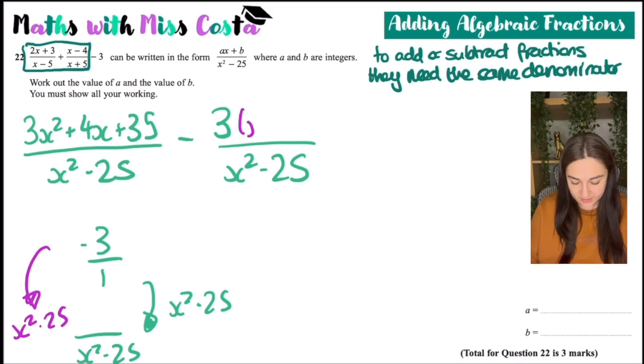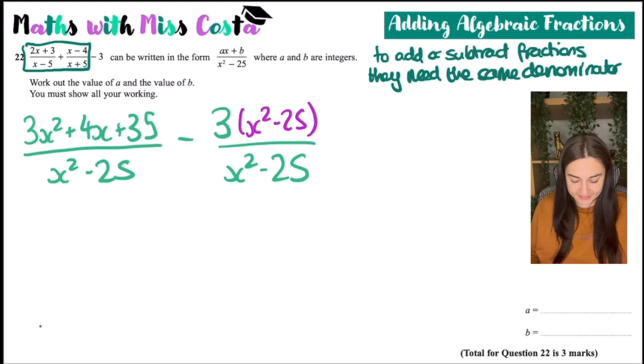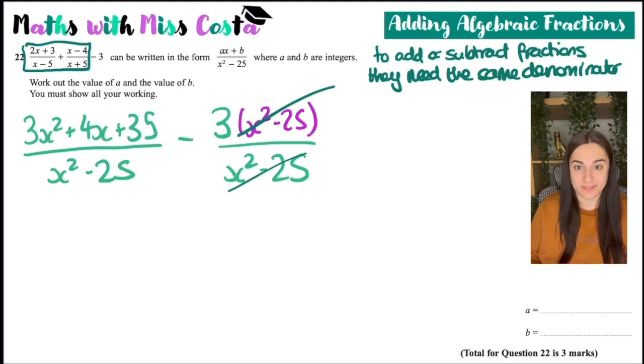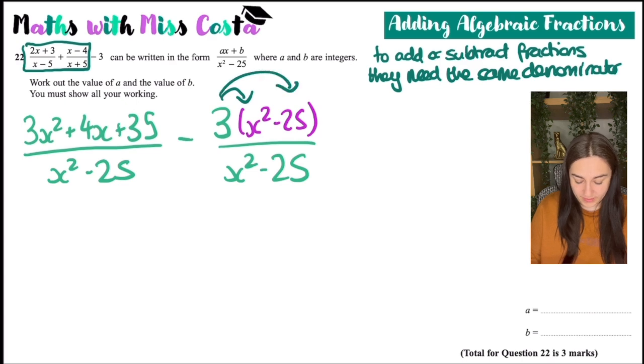So that would give me 3 times x squared minus 25. And obviously, if we just cancelled those out, so if we did this divided by this, that leaves me with 3. As long as whatever's on the top divides by whatever's on the bottom when it's a product, then it cancels to make 1. So let's expand this and bring it all into one fraction.